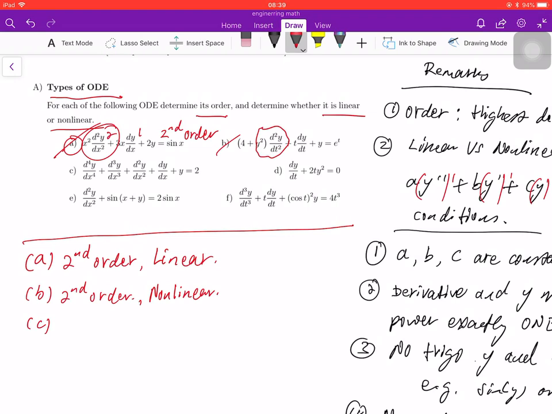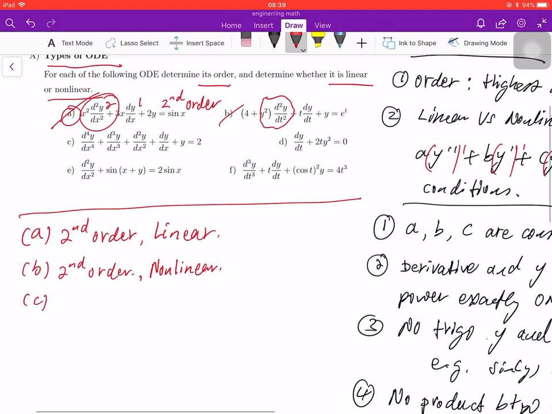Now we see question C. The highest order derivative is 4, so this is fourth order. We see each of these derivatives is a function with power of 1 for third, second, and first, and also the unknown function is power of 1, so this is a linear ODE.